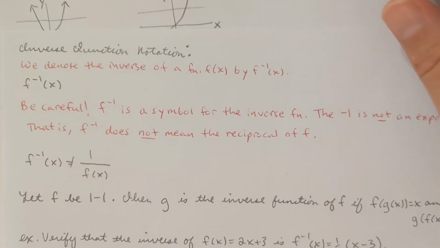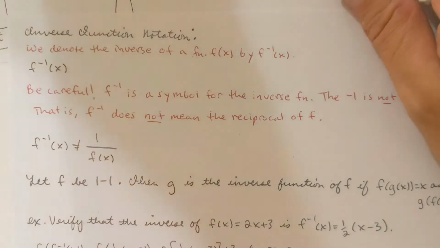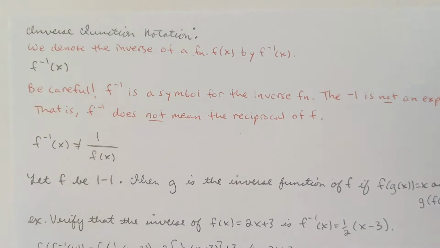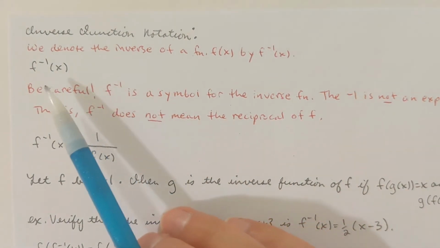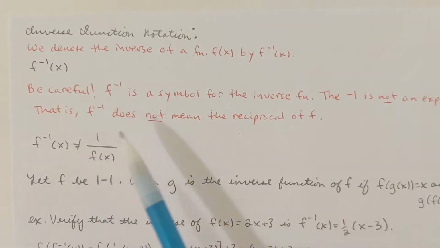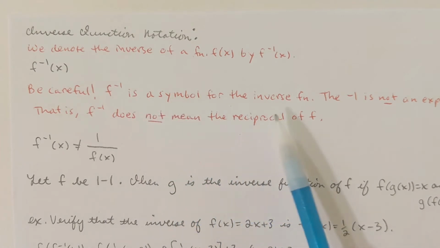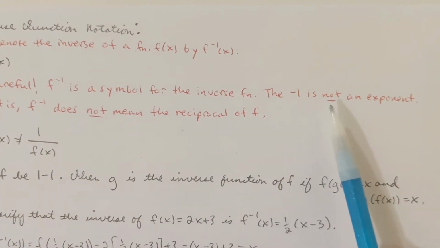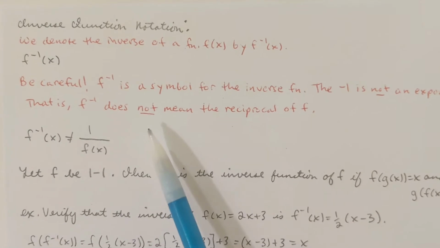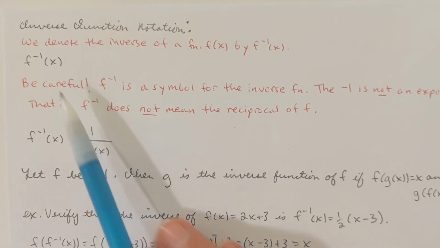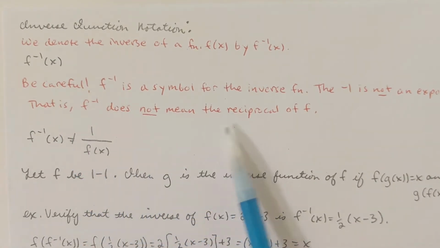As far as inverse function notation goes, use f inverse of x. Now be careful, f inverse is a symbol for the inverse function. The -1 is not an exponent. That is, f inverse does not mean the reciprocal of f.